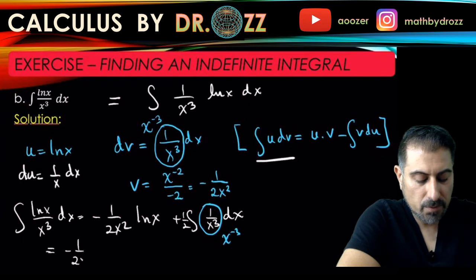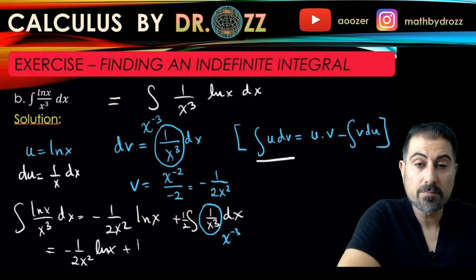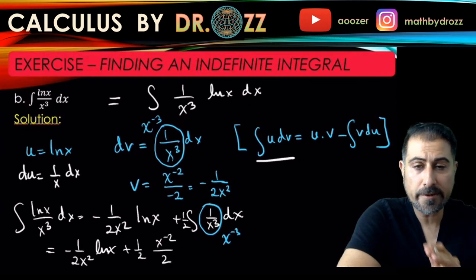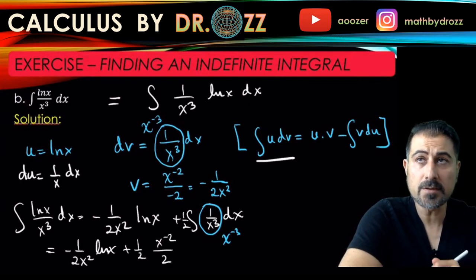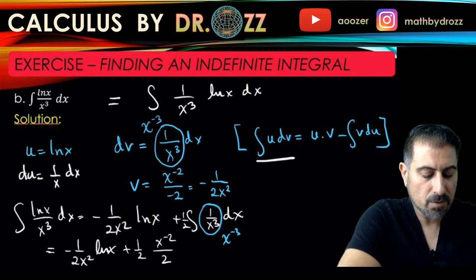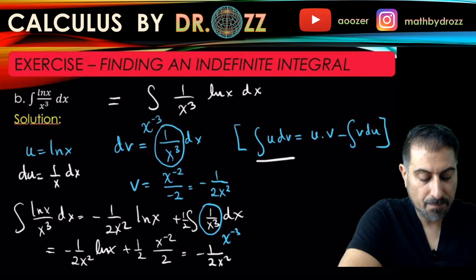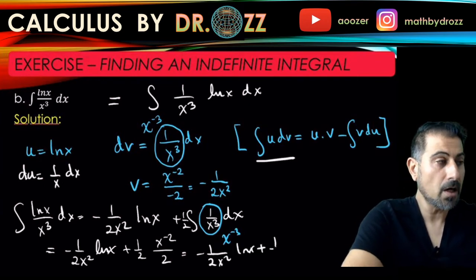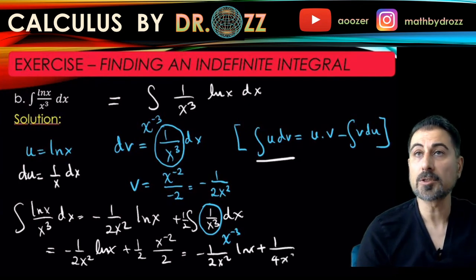So it's 1/2 times x to the -2 over -2. And I'm going to put one generic integration constant at the end, so I didn't want to put it all in one. So negative 1 over 2x squared times ln x plus 1/4 times 1 over x squared, so 1 over 4x squared.